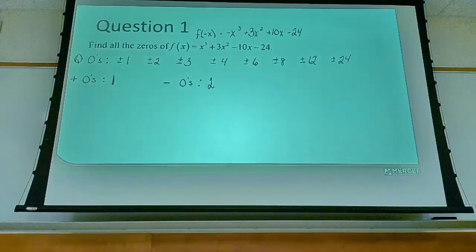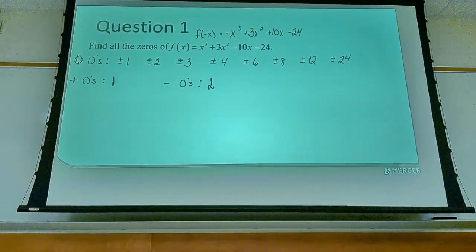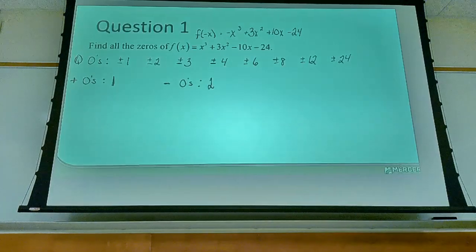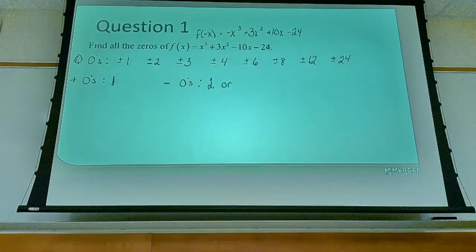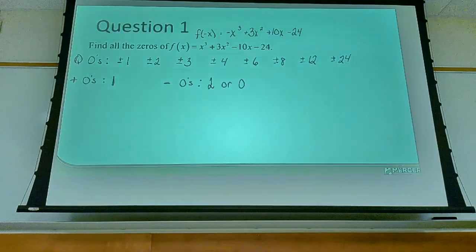But remember, the rule said, or less an even number. What's 2 minus 2? 0. Reason we ignore it with 1, what's 1 minus 2? Can you have negative 1 zero? No.